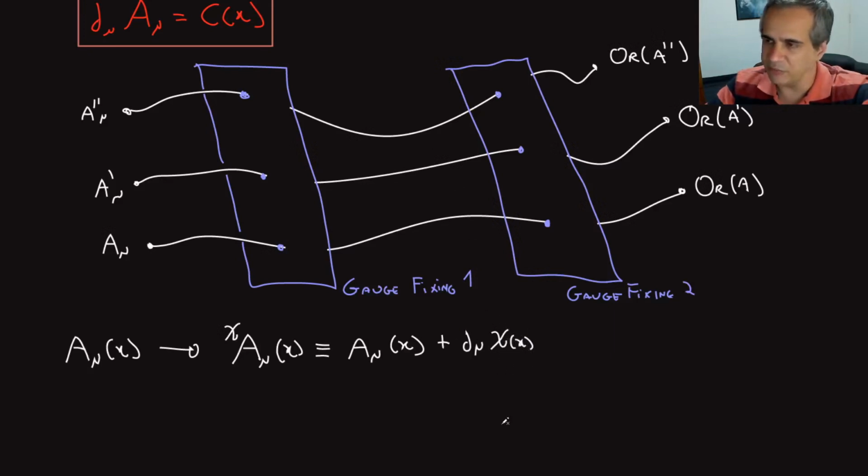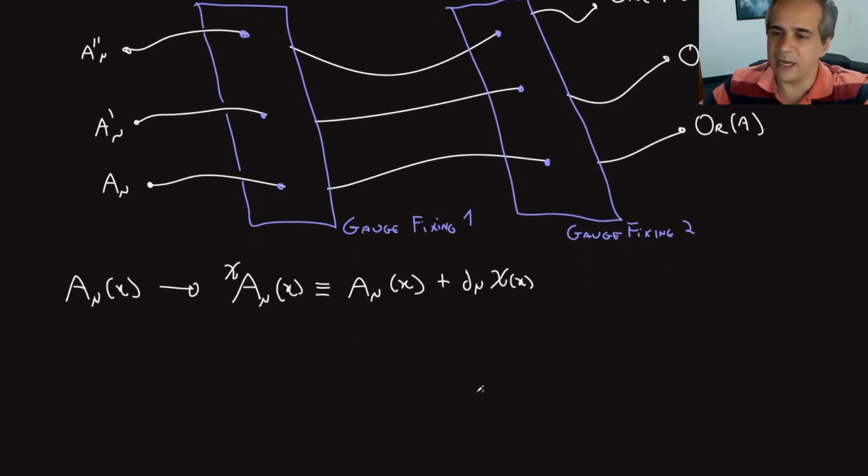I want to differentiate from lambda because this guy will be integrated over, and we use lambda for a bunch of other stuff, so I prefer to use a different letter, right? But essentially, this is any point in a particular orbit that I can get starting from A mu of x, right? And then I can also write the value, I'll define, right? So this is what defines this A mu of chi.